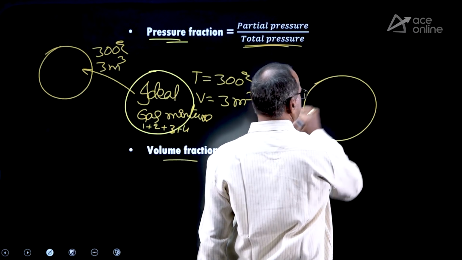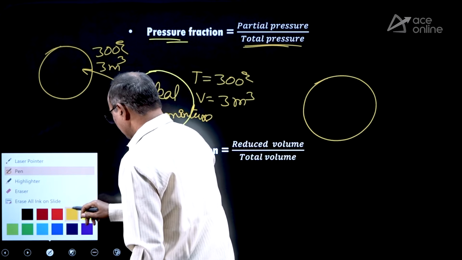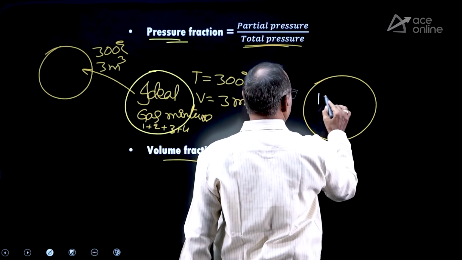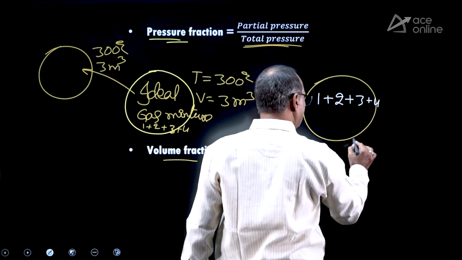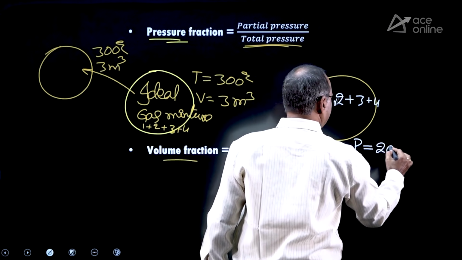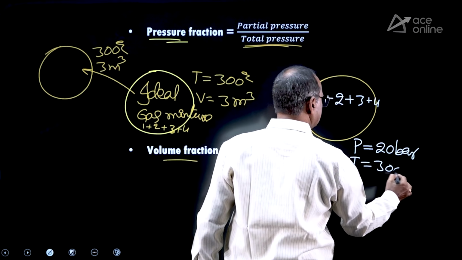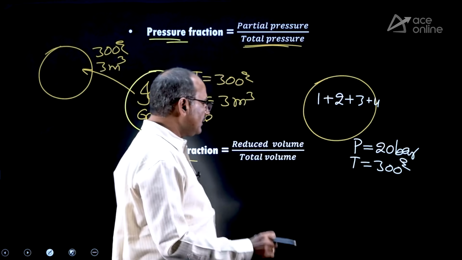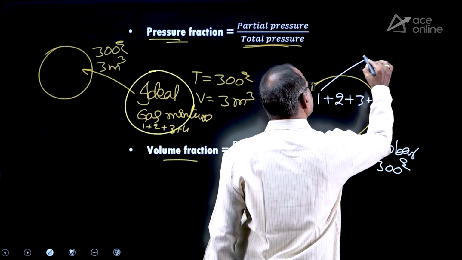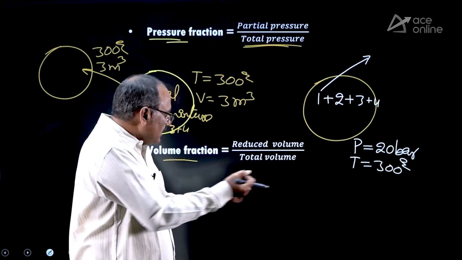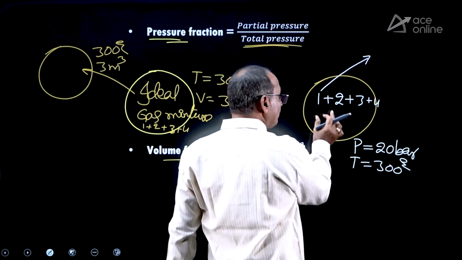You take the ideal gas mixture, assume that the ideal gas mixture has 4 ideal gases like 1, 2, 3, 4. That ideal gas mixture is available at a pressure of 20 bar and temperature equal to 300 degrees centigrade. Then you try to separate one ideal gas from the mixture.